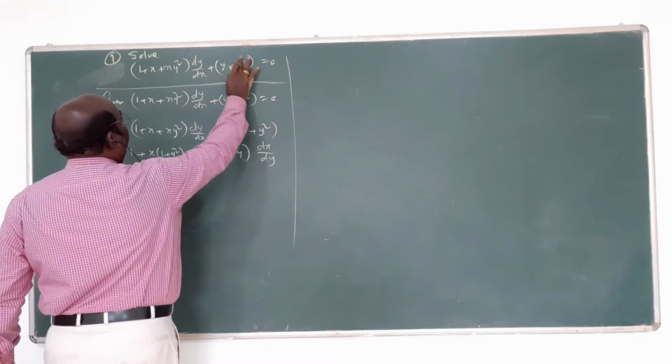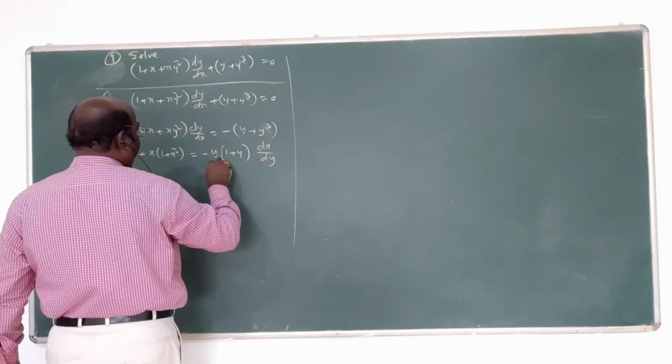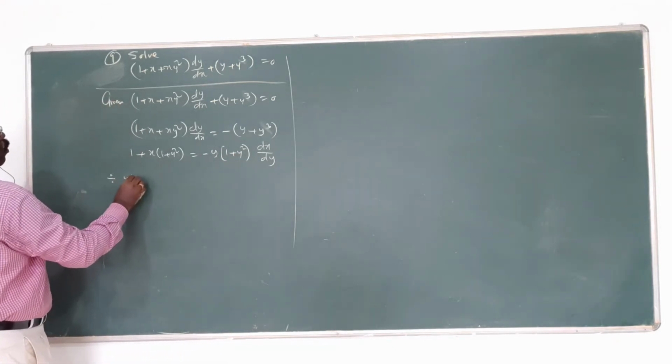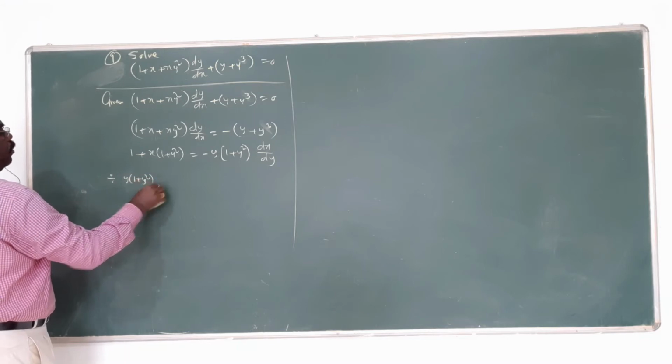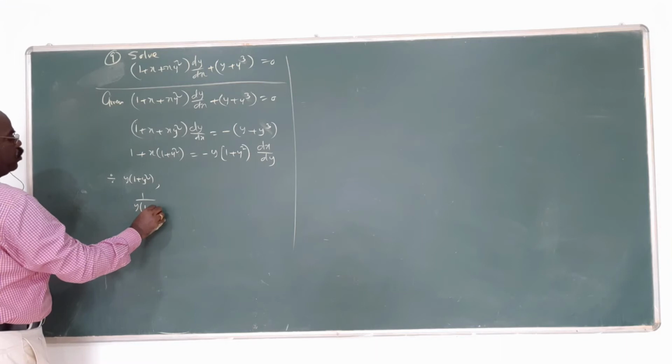Then what is the answer? Here 1 by y into 1 plus y square. Am I right?